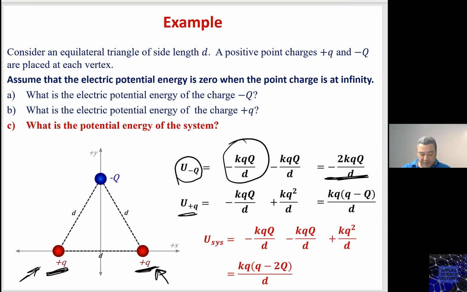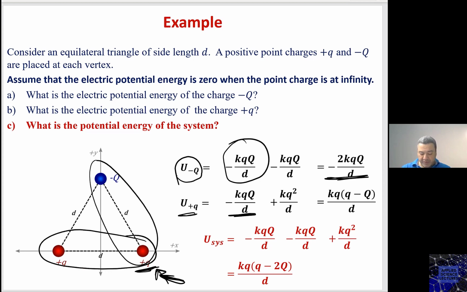Let's take this one here. Then I will have to include the positive Q with the negative, which is going to give me minus KQQ over D, and then the positive and the positive, which is KQ squared over D.